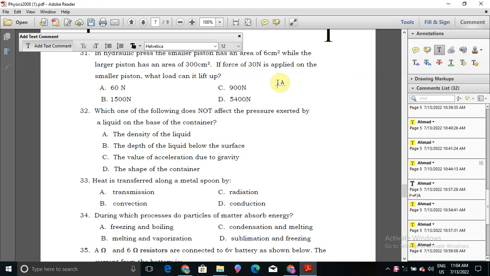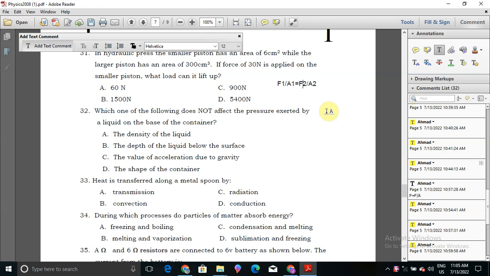Here, F1 over A1, which is equal to F2 over A2, right? Okay, F1 over A1 is equal to F2 over A2.